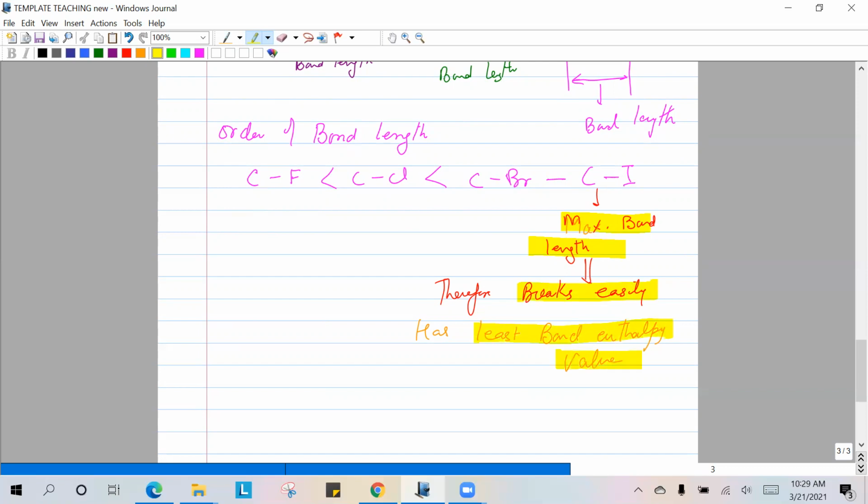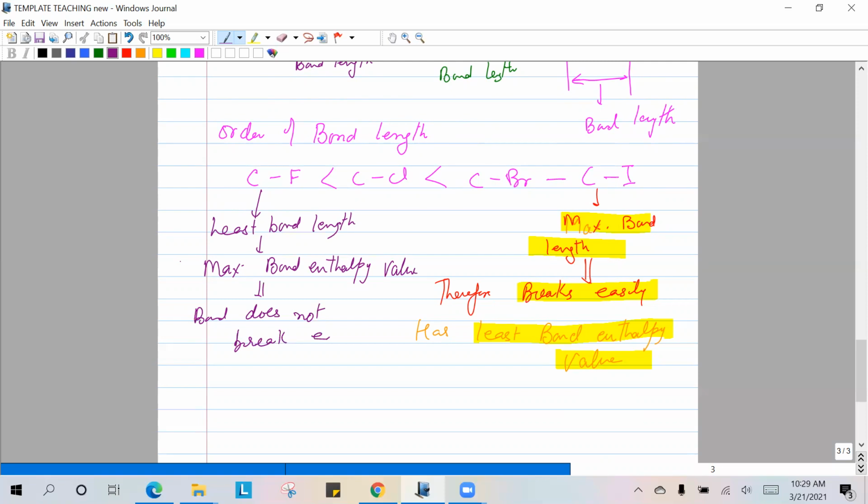As a result, it will have the least bond enthalpy value, while the fluorine one has the smallest bond length. As a result, it will have the maximum bond enthalpy value, not easy to break, and so the bond does not break easily.